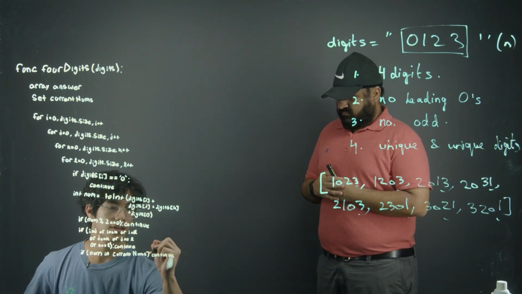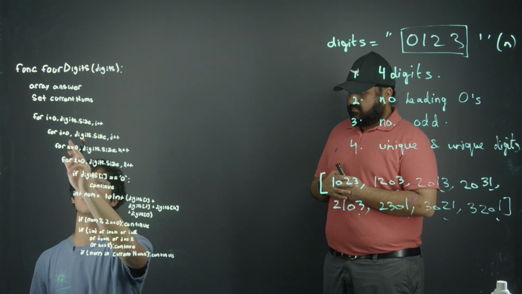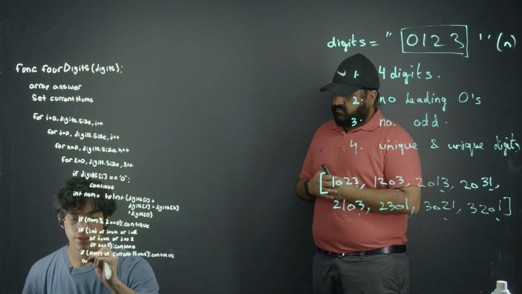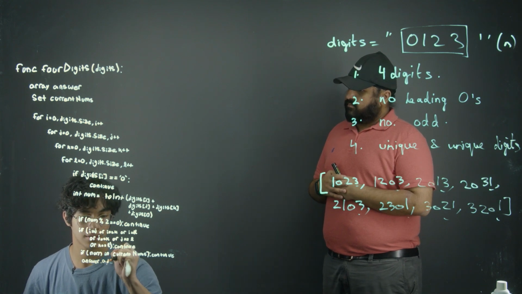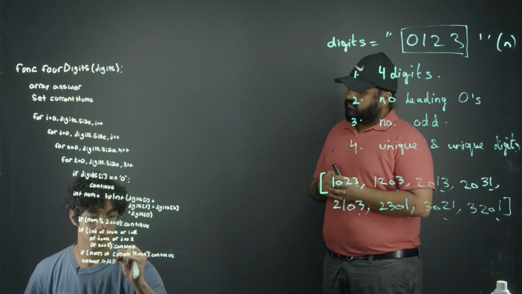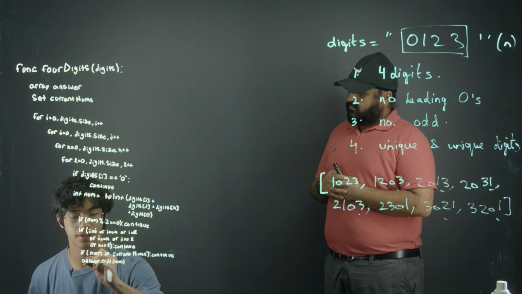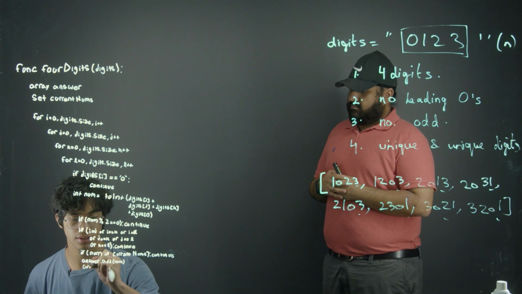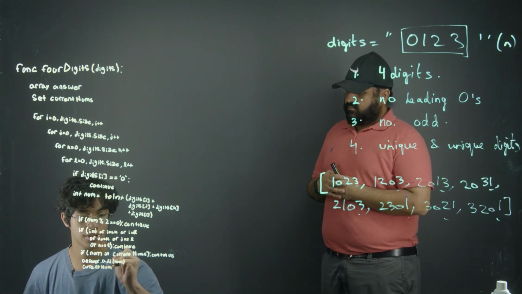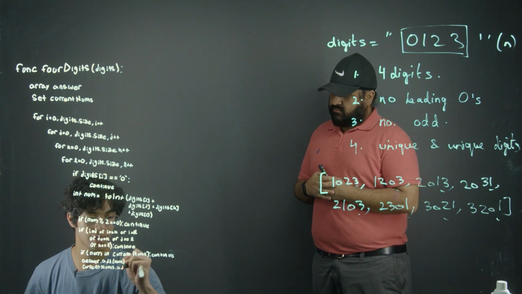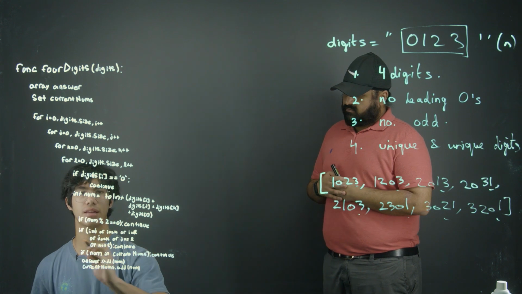And if none of these conditions are satisfied, then we satisfy all those 4 conditions. So we're going to add it to answer. So answer.add(num). And then we're also going to want to add it to the current nums. And then that's it.